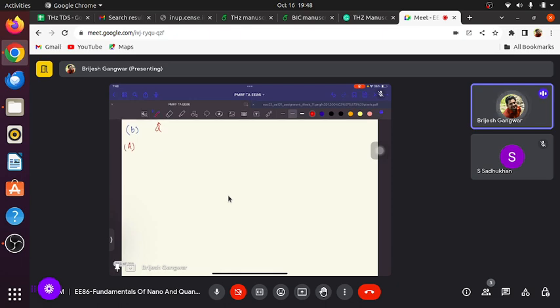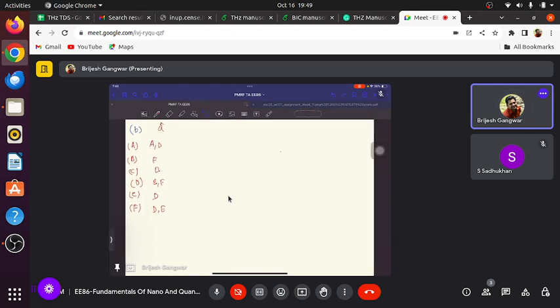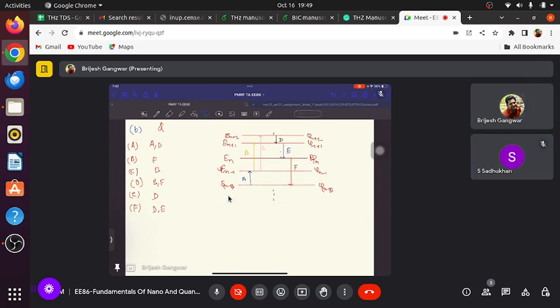So A option is A and D, B option is F, C option is B, D option is B comma F, E option is D, and F option is D and E. So this is our diagram, D and D, corresponding to this one.